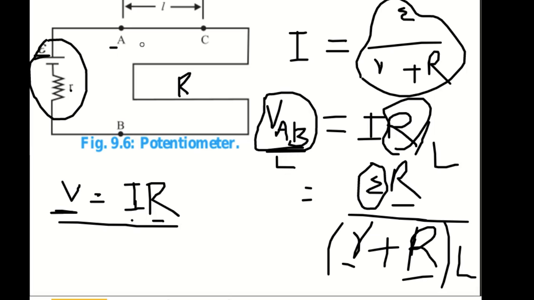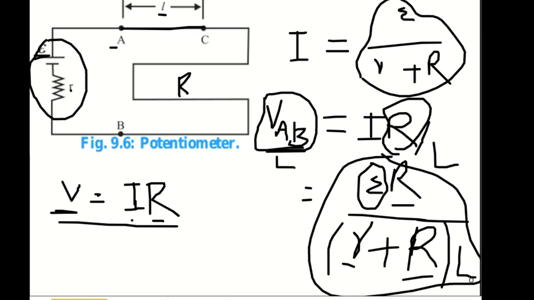Suppose there is a length A to C and this length is equal to small l, and I know the potential gradient, or potential per unit length, through this circuit. Now for this length l, what will be the potential? I have to multiply this with small l.